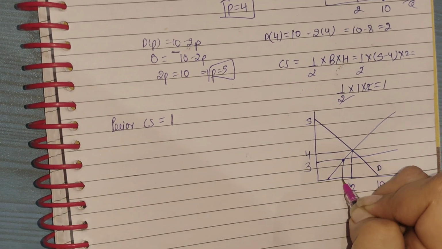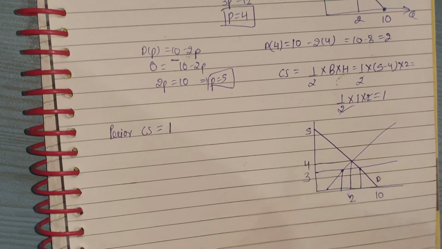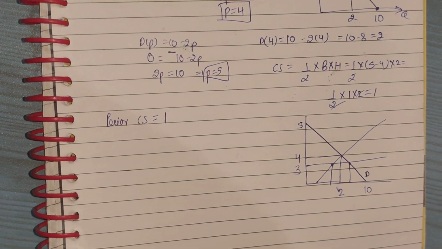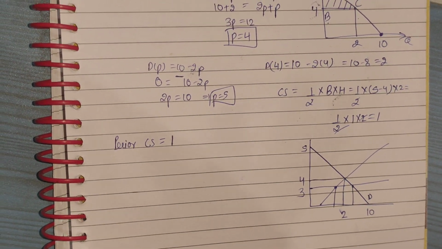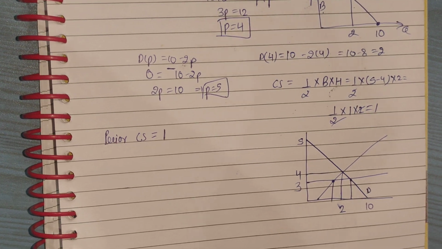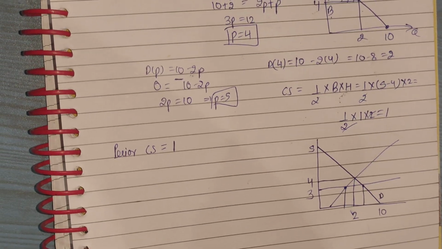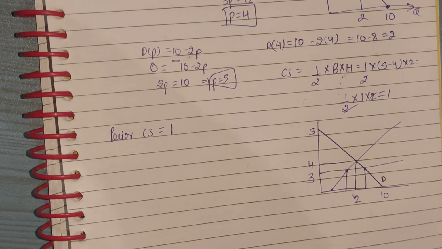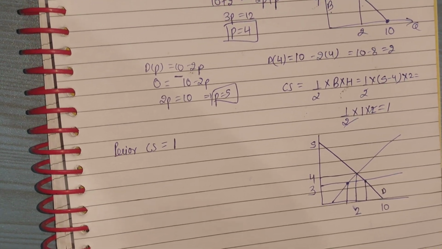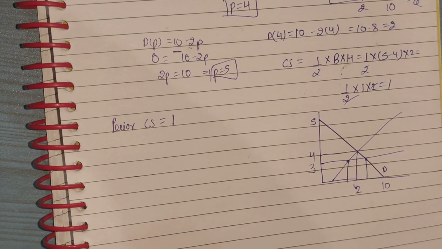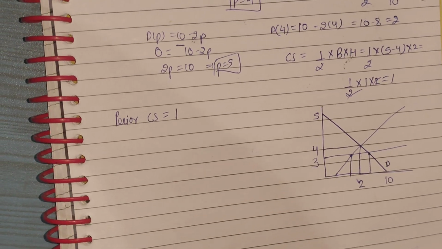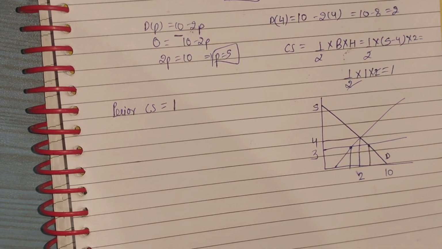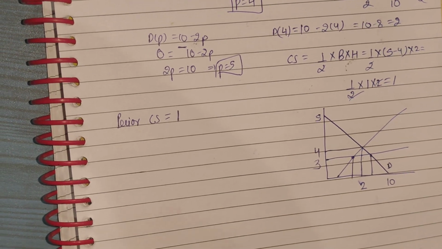At the price 3, if the producer won't get more than 3 in the market, then the simple logic is that only those suppliers who want to supply at that price rate will be in the market, and only that quantity gets supplied and traded in the market.